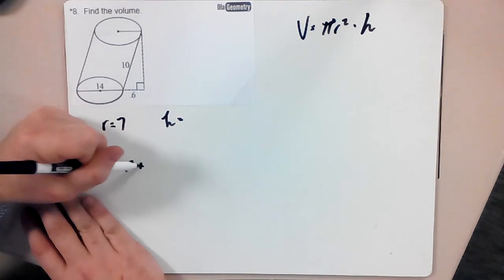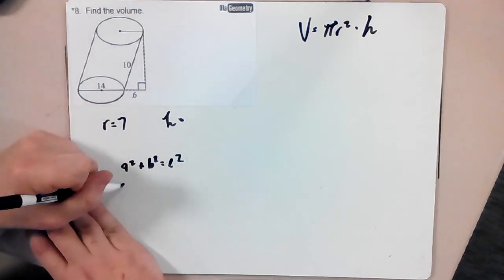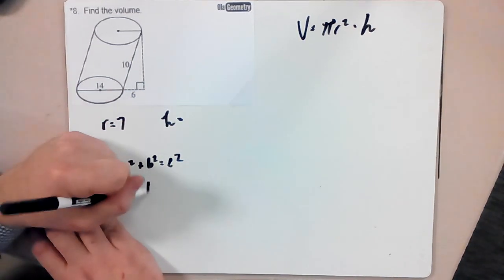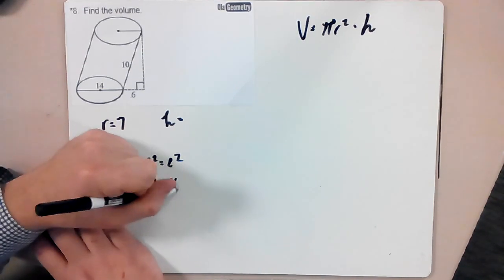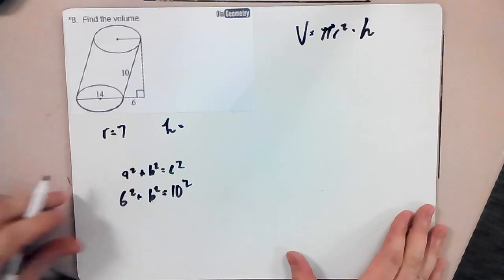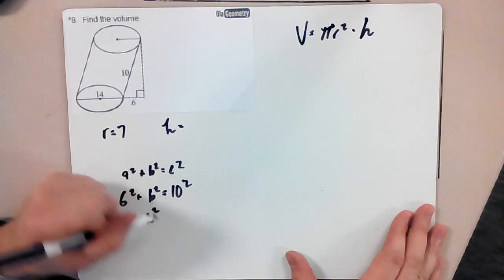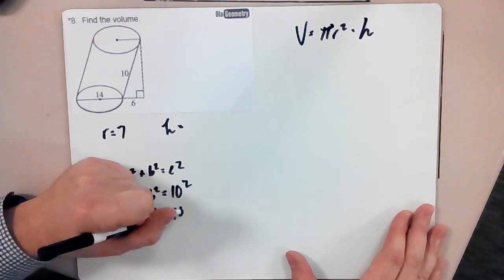So a squared plus b squared equals c squared. I'm going to label that 6 squared plus b squared equals 10 squared. Now I have 36 plus b squared equals 100.